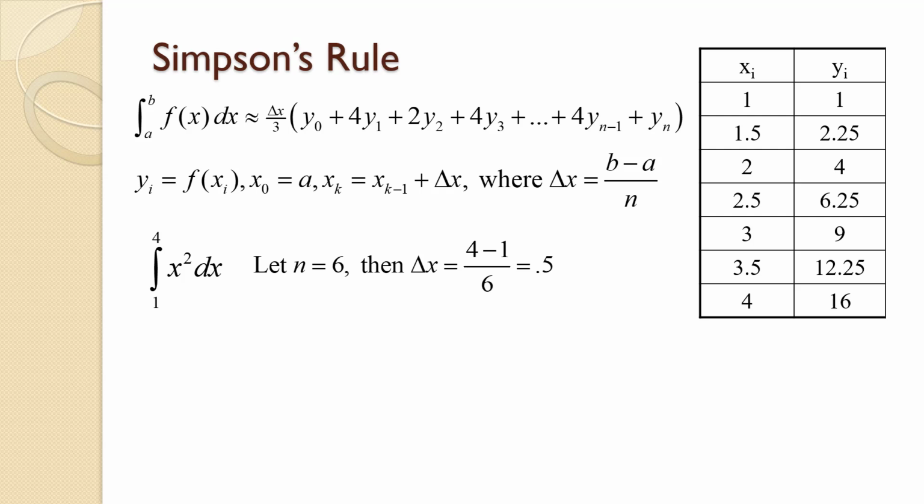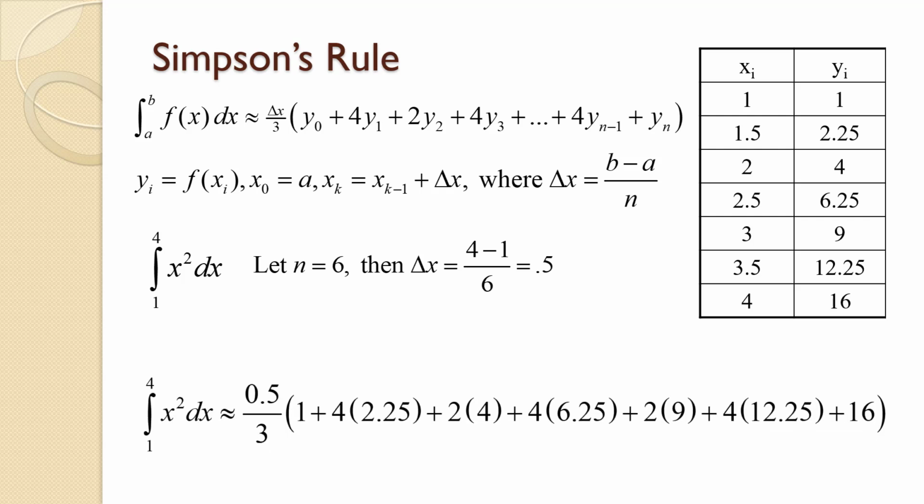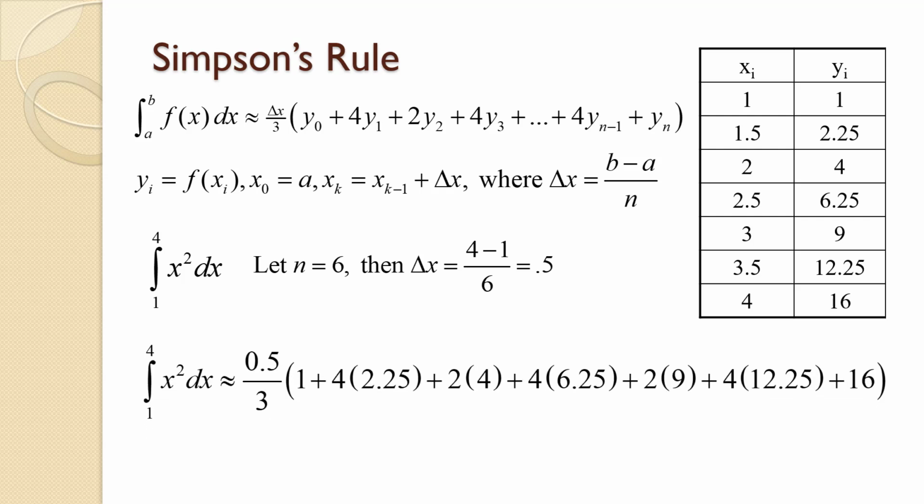That then gives us the exact same table of x values and y values. So far nothing's been different. But the way we use these x values and y values does change because the rule's different. This time, the definite integral from 1 to 4 of x squared dx is approximated by the change of x, which is 0.5, divided by 3, and then notice you have a certain sum of products. You have 1 times the first y value, then 4 times the second, then 2 times the third, and so on.